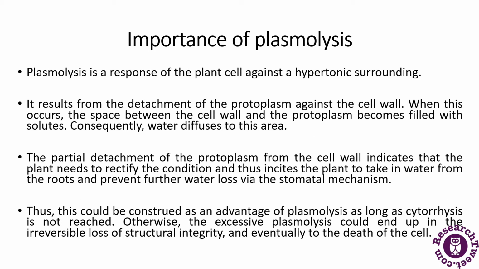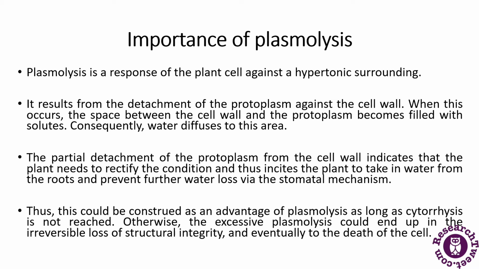Next, what is the importance of plasmolysis? Plasmolysis is a response of the plant cell against a hypertonic condition. The previous slide's examples were all related to hypertonic surroundings. It results from the detachment of the protoplasm from the cell wall.